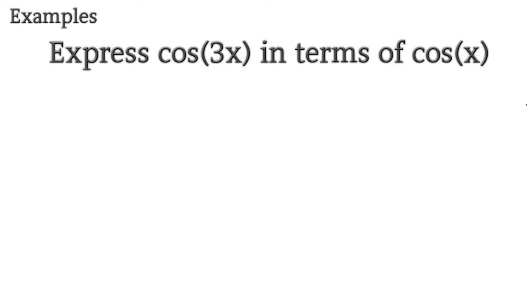What about this? DeMoivre's is useful because you can express compound angles in terms of simple trig. So let's have a look at how to do this. Normally, when you are stuck with cosine of n theta or nx, whatever, you're kind of stuck because you can't do anything. But if you express this whole thing as a complex number, then you can do something.